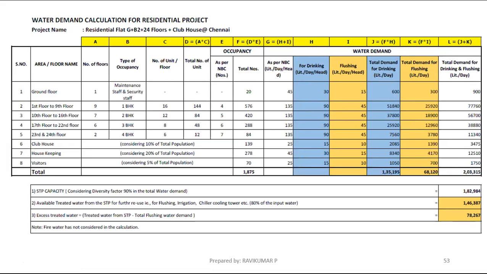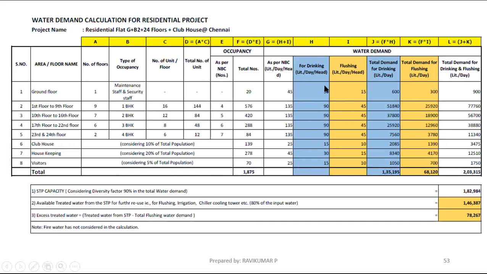In that case you will get input from the client only. Here, for the standard calculation, I took 5% of the total population, so 70 people will be there. For the visitors, you will take 25 liter per day per head.